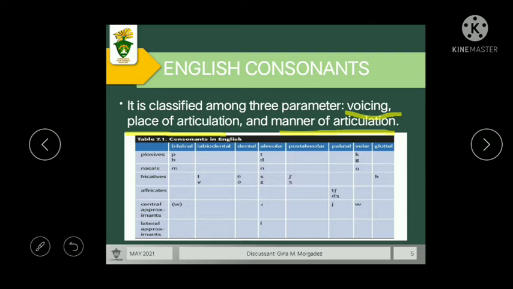As you can see in table 7.1, across the top of the table are the places of articulation, the bilabial, in the color blue here. Again, places of articulation are the parts of the mouth involved in the articulation of each phoneme.